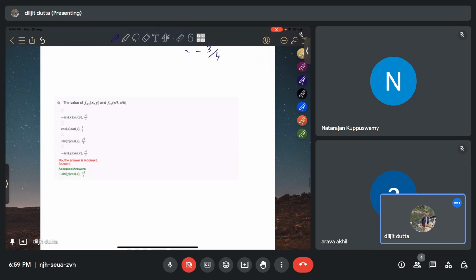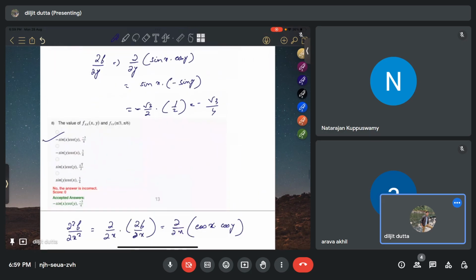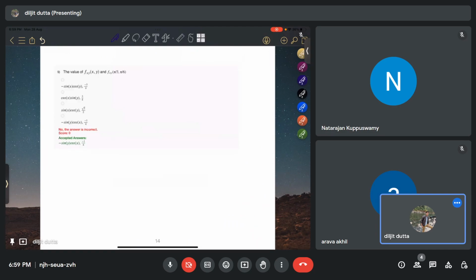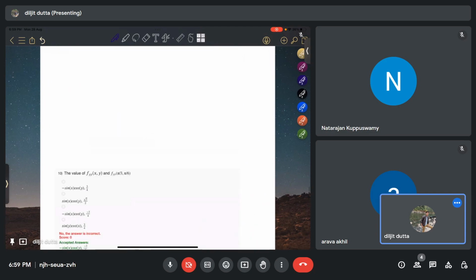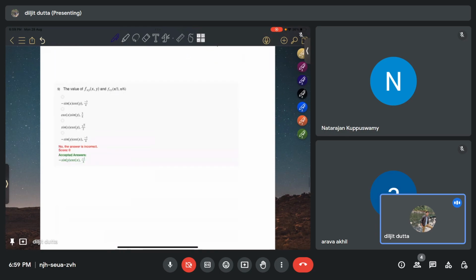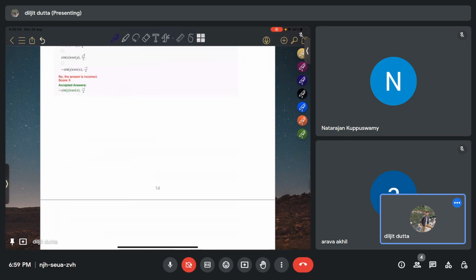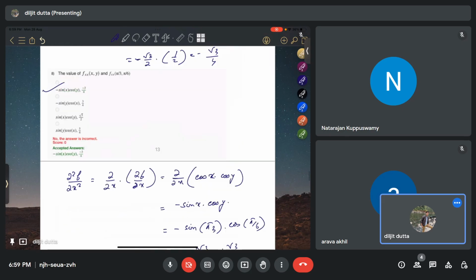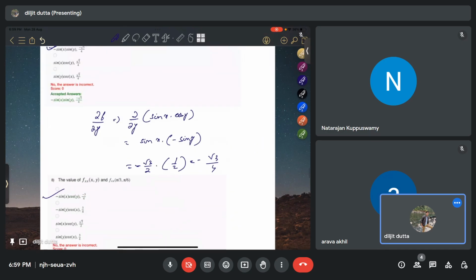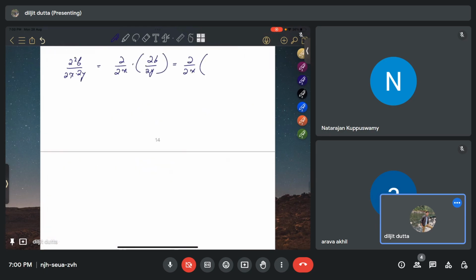Next is f xy of xy. So what is f xy? F xy is del square f by del x del y. You can also write it as del by del x into del f by del y. Del f by del y is minus sin x into sin y.